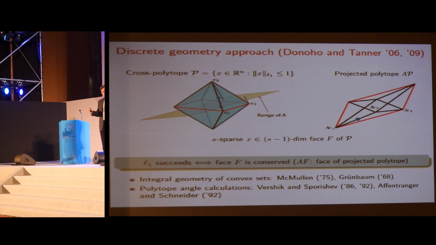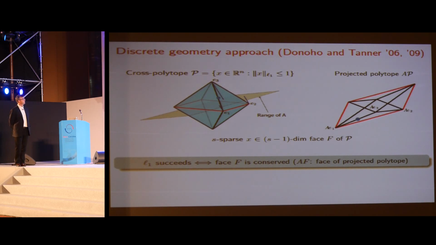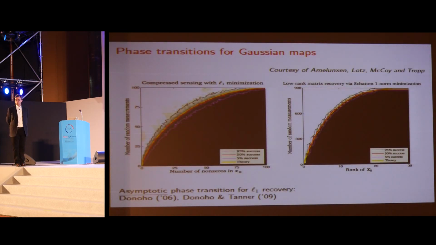And these researchers in the 80s and the 90s developed polytope angle calculations to precisely understand how many faces are actually conserved. Their work itself relies on integral geometry of convex sets, even earlier work from the 60s and 70s. And what Donoho and Tanner were able to do is continue and leverage this framework to derive these very nice phase transitions that I have presented before.